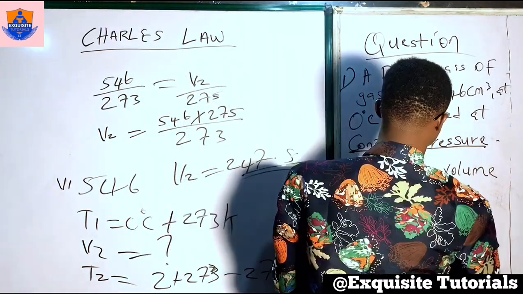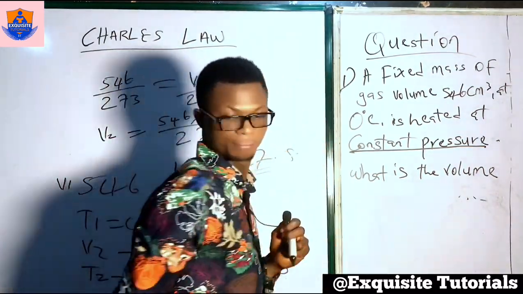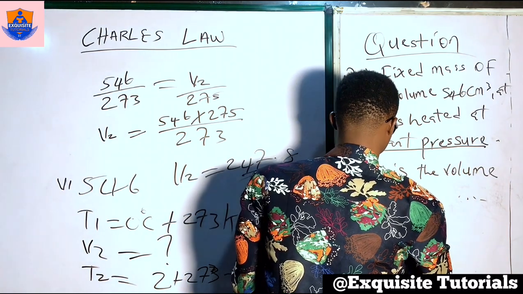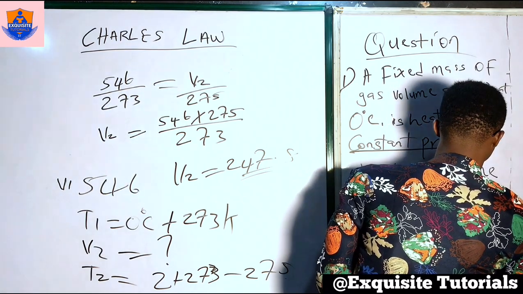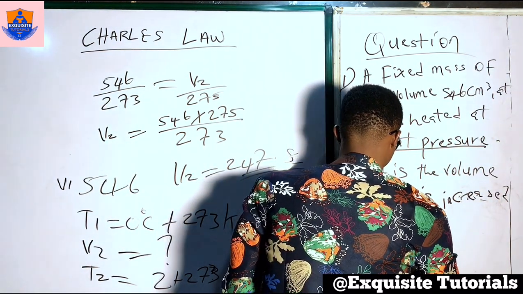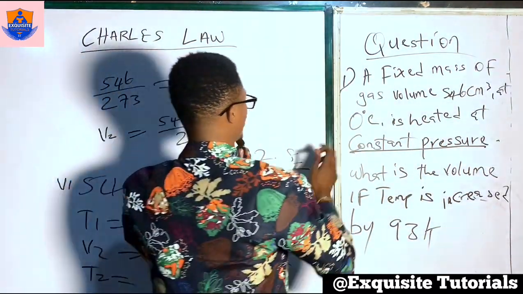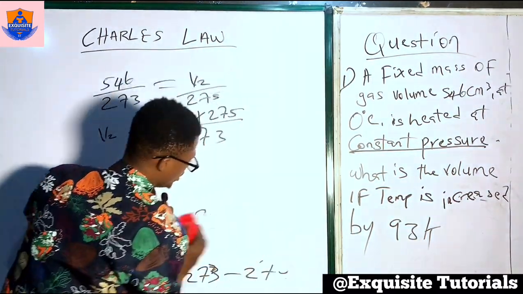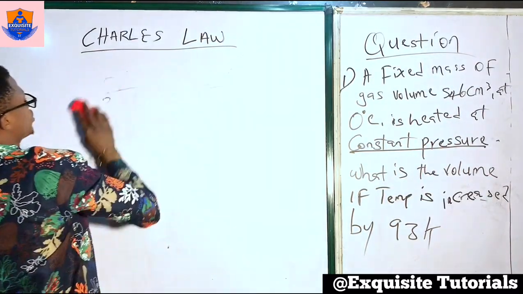What is the volume if the temperature is increased by 93 Kelvin? Remember, the first temperature is in degrees Celsius, the second temperature is in Kelvin. What will be our volume this time around? Remember your conversion once more.